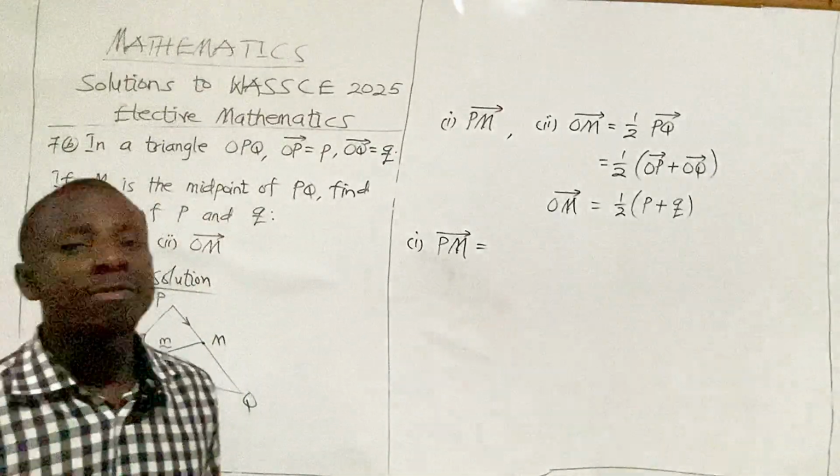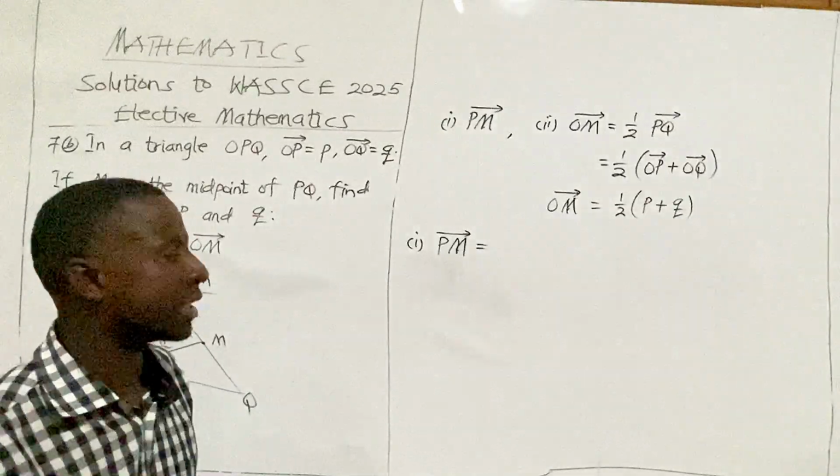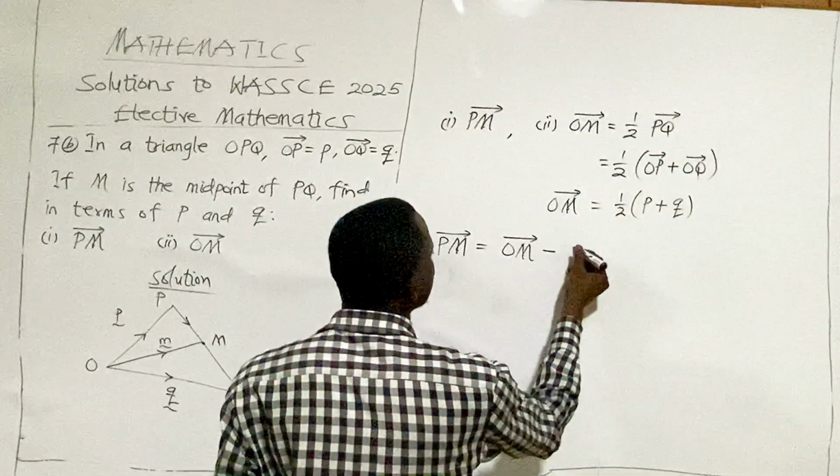Now if we are looking for vector PM, we can express this in position vectors, which is going to be OM minus OP.